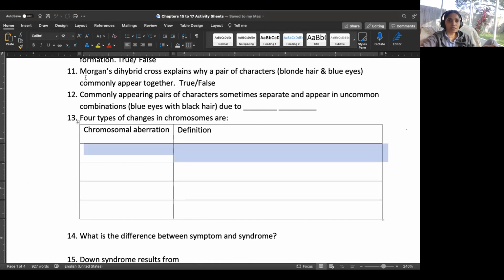Real quick, Tracy, for question number 11, he not only proved that pairs of characters commonly appear together, and about linked genes, but he also was able to hypothesize that it is due to crossing over. So that was his contribution.